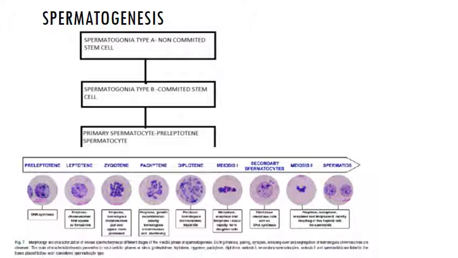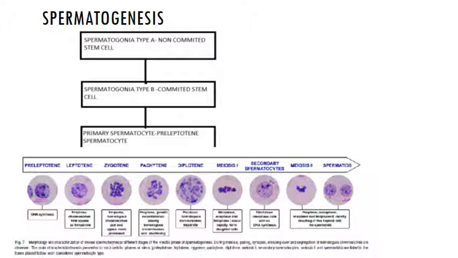This progresses to type B spermatogonia. Type B spermatogonia are differentiated or committed spermatogonia. Committed means they have been committed towards the process of spermatogenesis. This gives rise to our primary spermatocyte or pre-leptotene spermatocyte.